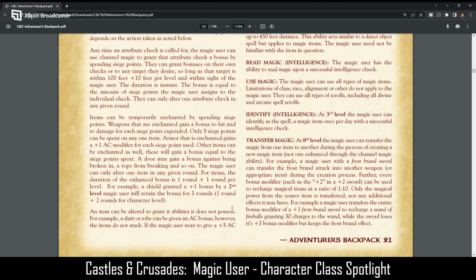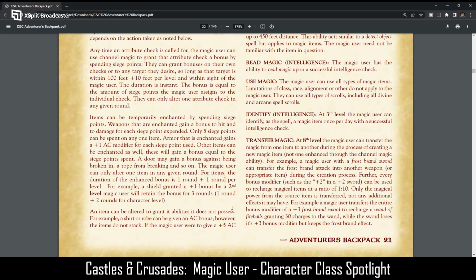Further, every bonus modified, such as a +2 on a +2 sword, can be used to recharge magic items at a rate of 1 to 10. Only the magical power from the source item is transferred, not any additional effects it may have.